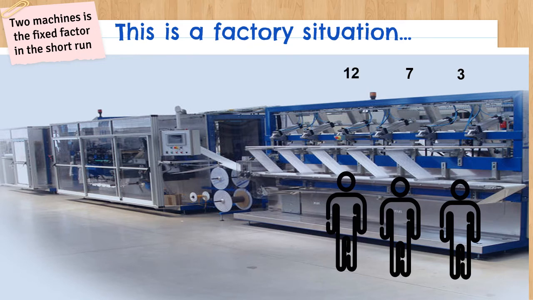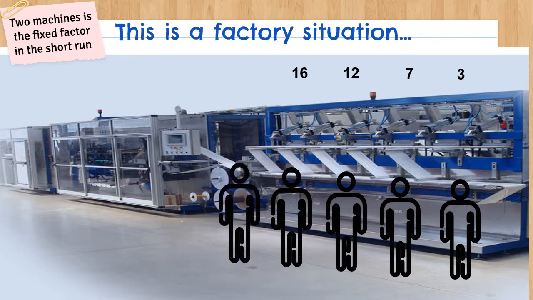Now another laborer is added, and together the three of them bring about a total product of 12 units. Still, we need to step up production, so the employer brings another unskilled laborer, and together the four of them bring about a total product of 16 units.